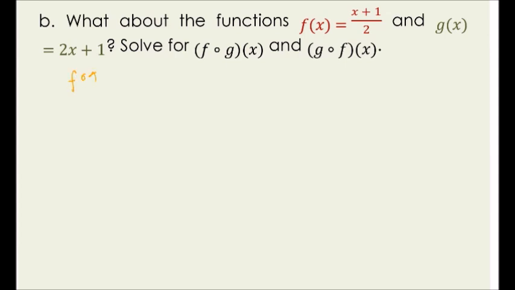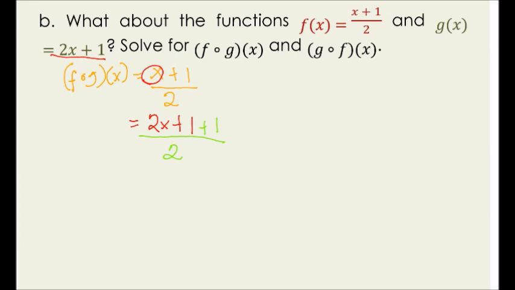Function f is x plus 1 over 2. We're going to replace the variable x with the value of g of x. So that will look like 2x plus 1, plus 1, over 2. And then we simplify.